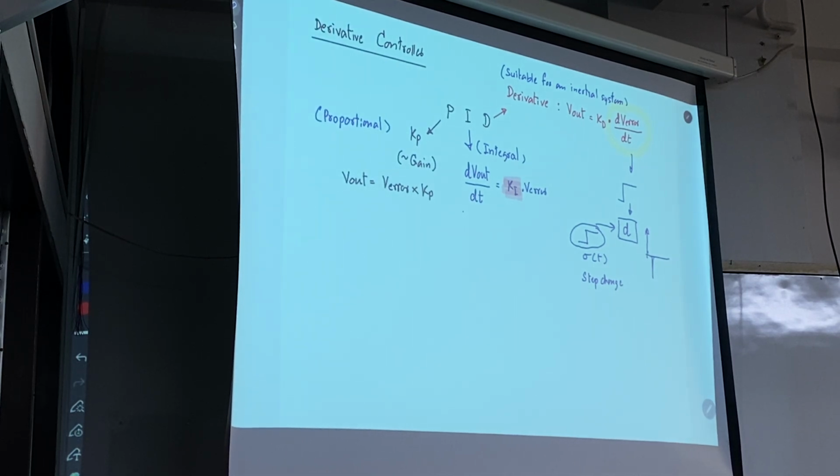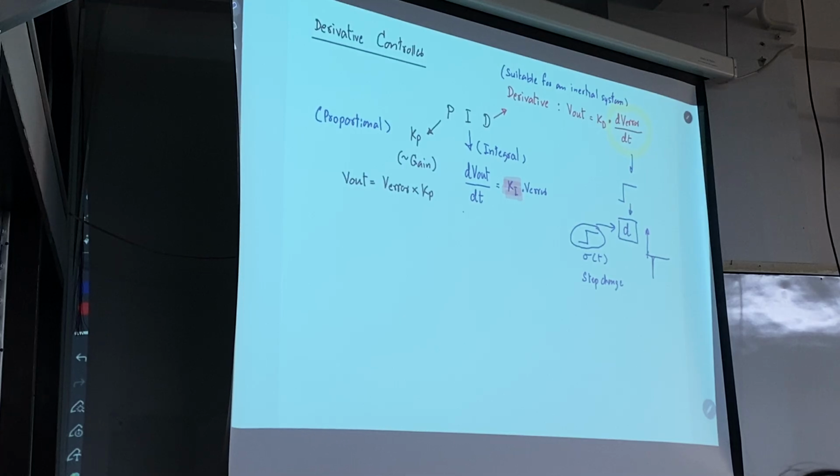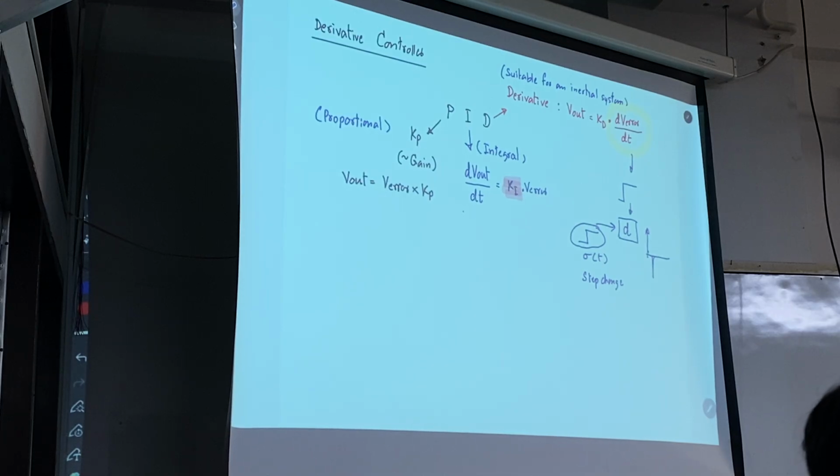How can we explain a system that has inertia? Let's make an example of a motor. Suddenly when you supply the voltage, you will see that the motor will consume a lot of current, a very large current at the beginning, and then the current will go to the nominal state. And this is called an inertia system.